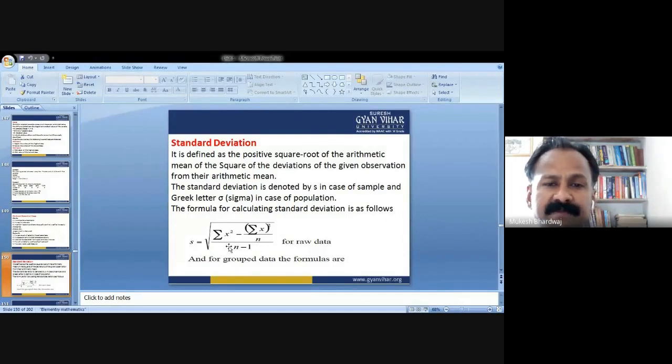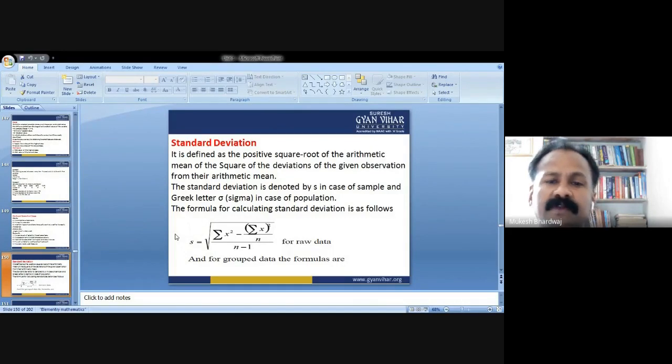The standard deviation is denoted by S in case of simple and raw data, and the Greek letter sigma is used in case of population.